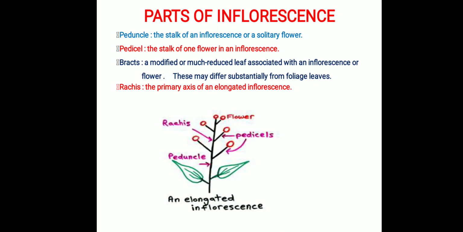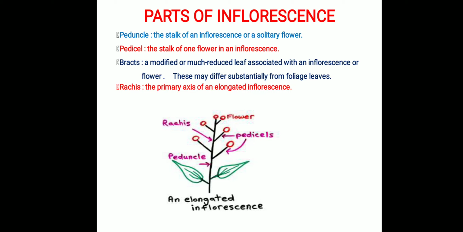The next part, parts of inflorescence. Inflorescence consists of four main parts, that is pedicel, peduncle, bracts and rachis. First part, peduncle. Peduncle is the main axis of inflorescence on which the flowers are developed.